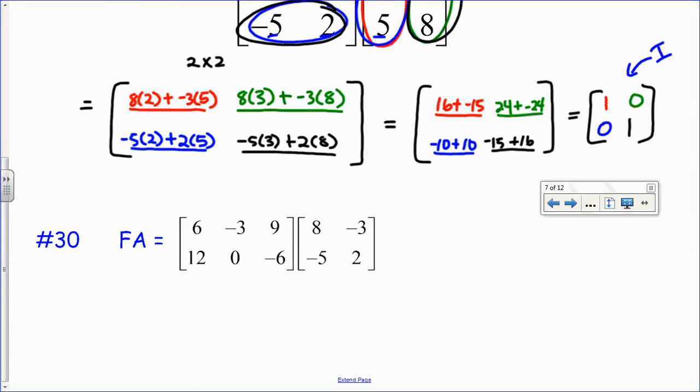Okay. So the size of F is what? 2 by 3. And the size of A is 2 by 2. Remember, it's these numbers that have to be the same. They are not the same, so this is not possible.